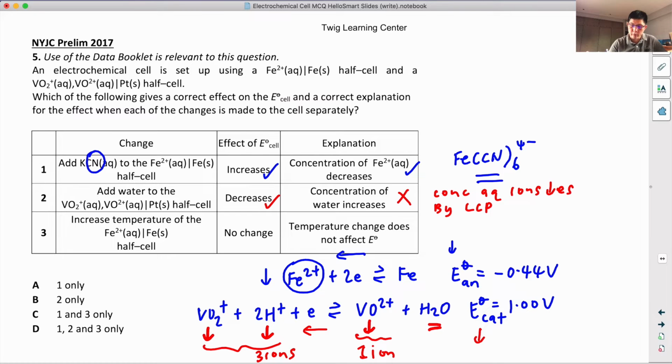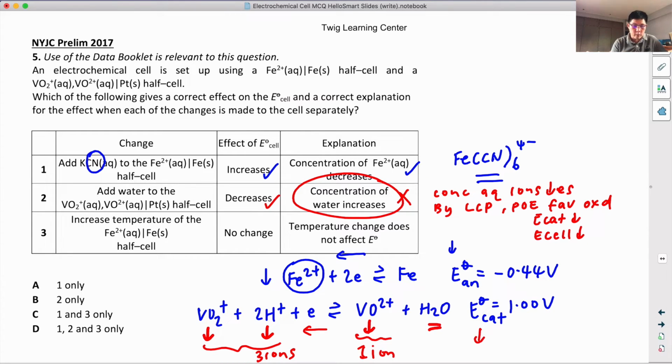So the position of equilibrium will favor oxidation, meaning the backward reaction, because that will produce more aqueous ions, and that will cause E cathode to decrease and then E cell to also decrease. But the idea is not because the concentration of water increases, but because the concentration of aqueous ions decreases.